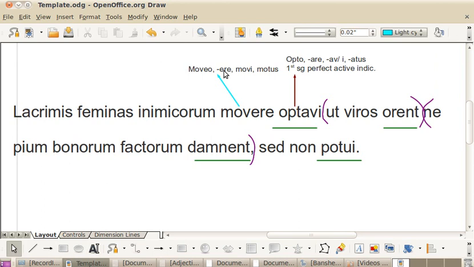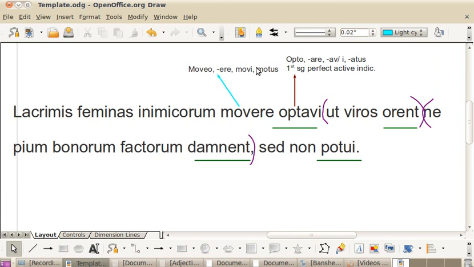I don't typically bother with macrons or accents because you really won't see them outside of Latin textbooks. But we know this is second conjugation. We know that this is movere and not movere, because if we look at the first principal part, we see the E there beside the O. If this were a third conjugation verb, it would just be the O. So this is moveo, movere.